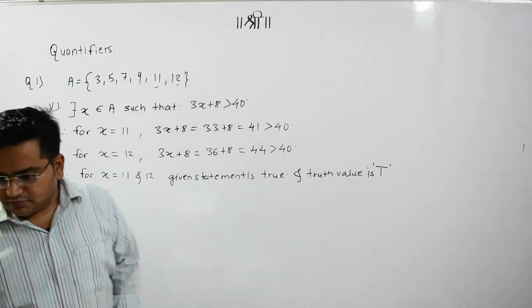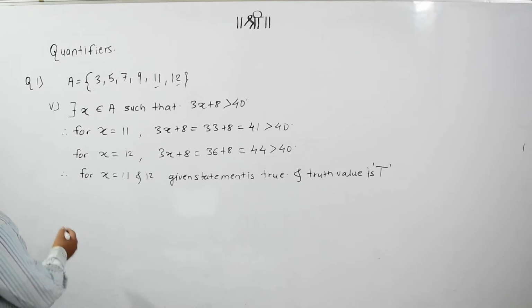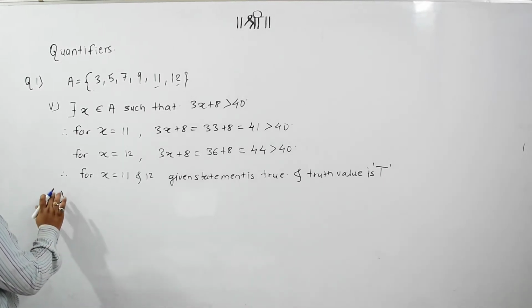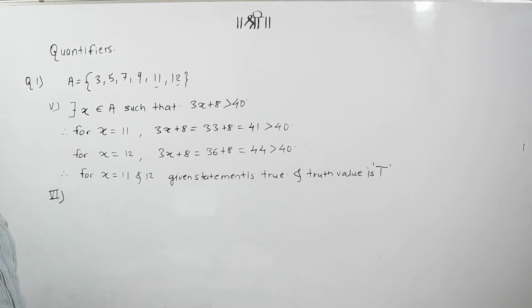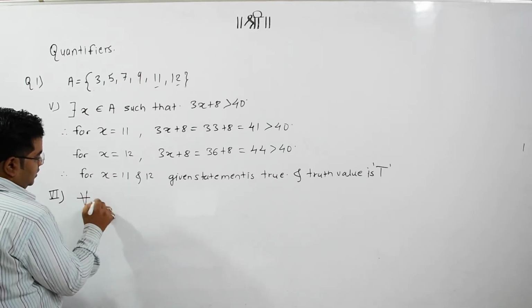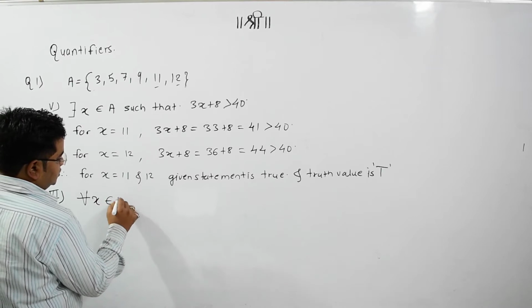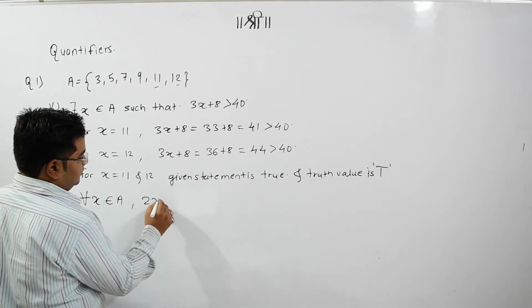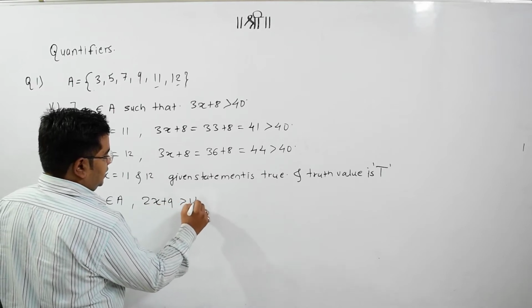Now let's move to question number 6. Question number 6 says something like this: for all x belongs to A, 2x plus 9 is greater than 40.